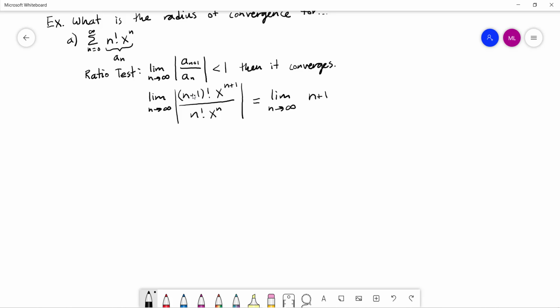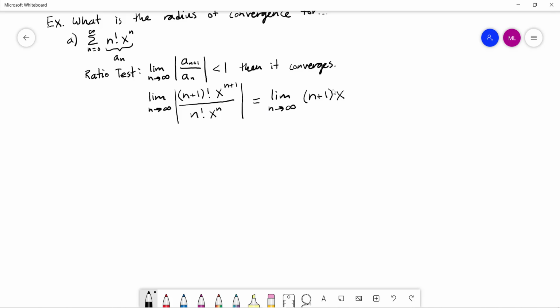That's what the factorial term simplified to. And similarly, what's happening here, x to the n plus 1 is x times x times x, n plus 1 times. And on the bottom, I've got x times x times x, n times. So I have one extra x up here. We can do our cancellation, and I'm going to get an extra factor of x left over in the numerator here. So this is it. This is what we've got here.